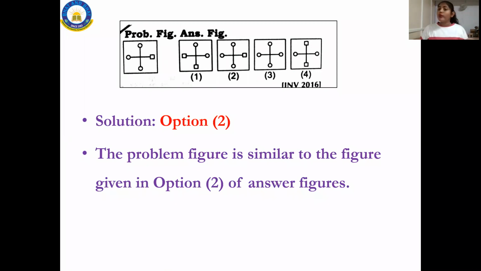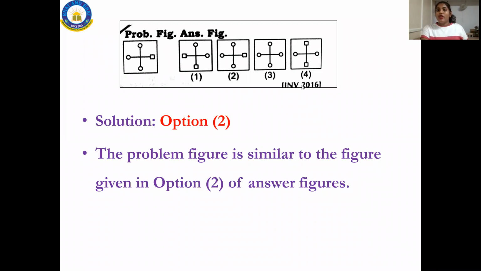As soon as you see the question, don't check the answer. Go through option 1, check why it is not the answer and start reasoning. See here, option 1: why is it not the answer? In the answer figure they are given with 3 bubbles, but here there are only 2 bubbles, hence it is not the answer.